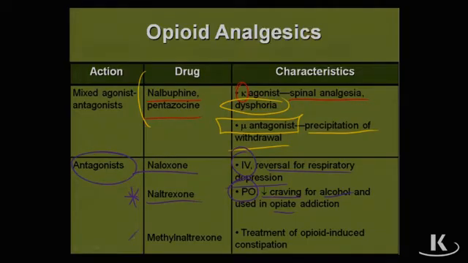Methylnaltrexone is an analog of this opiate antagonist, which is used primarily to reverse the severe constipation that morphine-like drugs can induce in patients. This constipation is really a limiting side effect of those medications, particularly when we try and manage end-stage cancers.